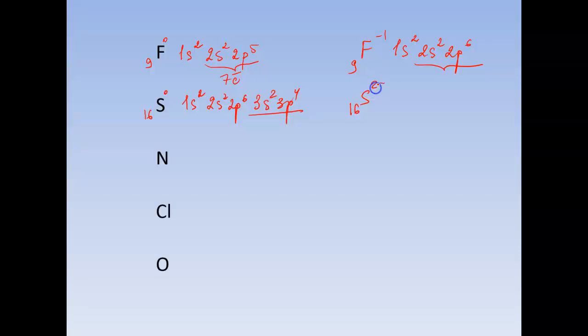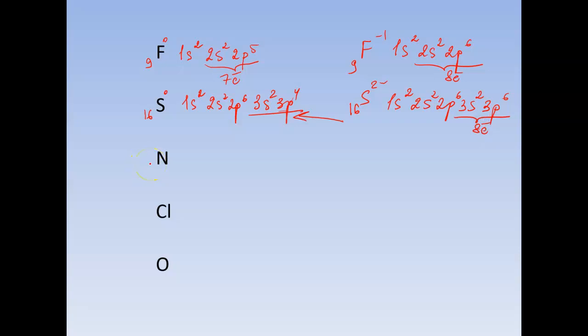So 2 more electrons gained on its outer shell. It will be 1s2, 2s2, 2p6, 3s2, and 3p6. And we can see again 8 electrons here.